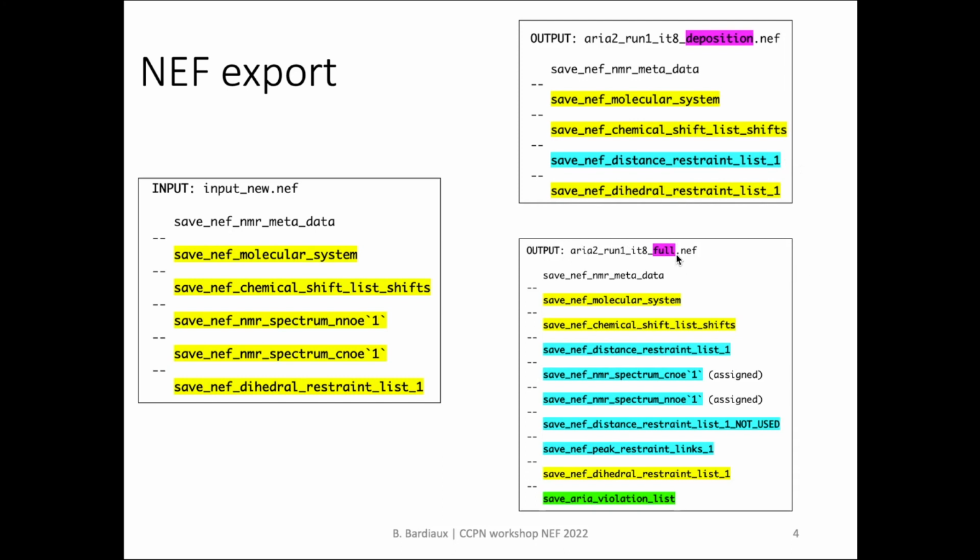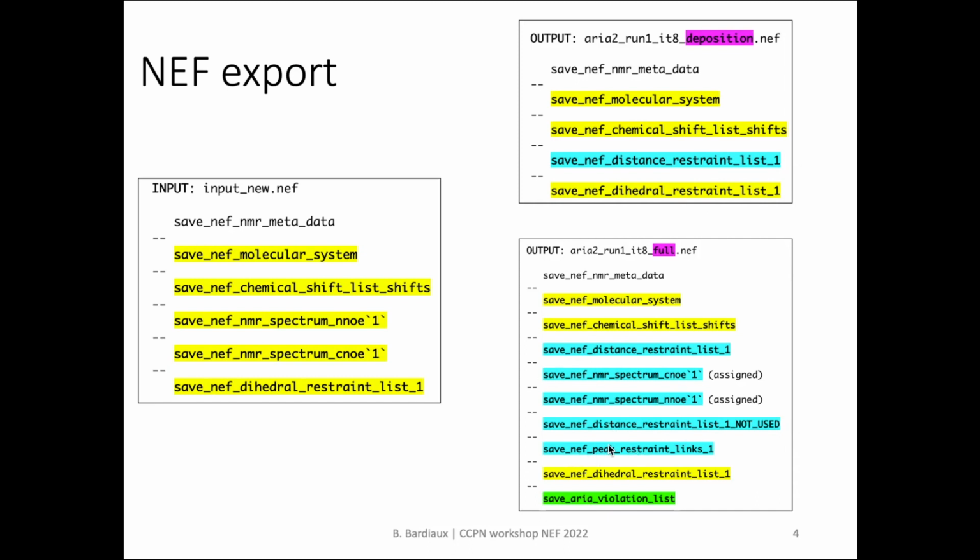In the more complete file, we also export the initial list of cross peaks, but with the assignments that were made by Aria. Also a list of distance restraints that were not used because they couldn't be fulfilled along the different iterations.